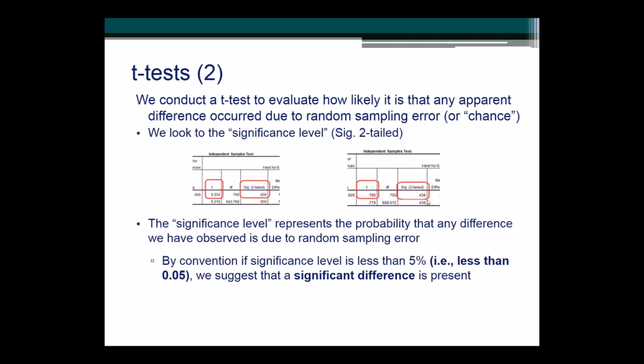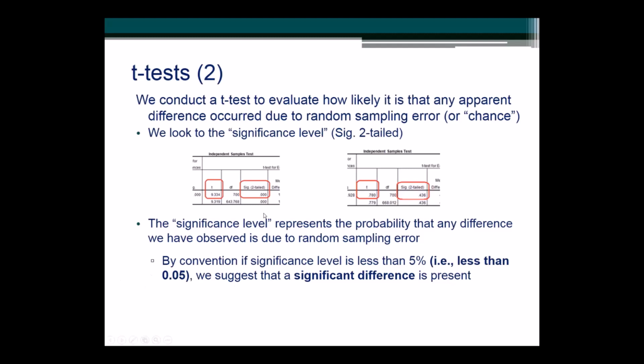If we're hopeful for a difference, we want a small significance value. So I guess the question arises from that: what is a small significance value versus a large significance value? By convention, in quantitative research and in the social sciences, psychology, and business, we use a cutoff level of 0.05.